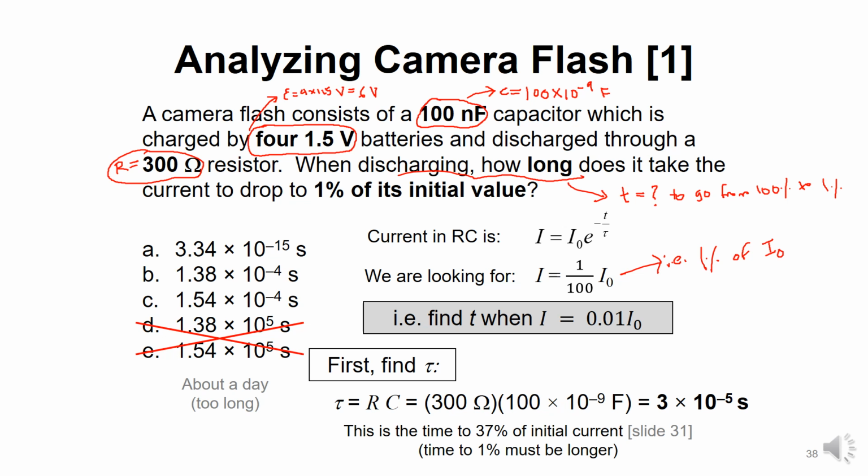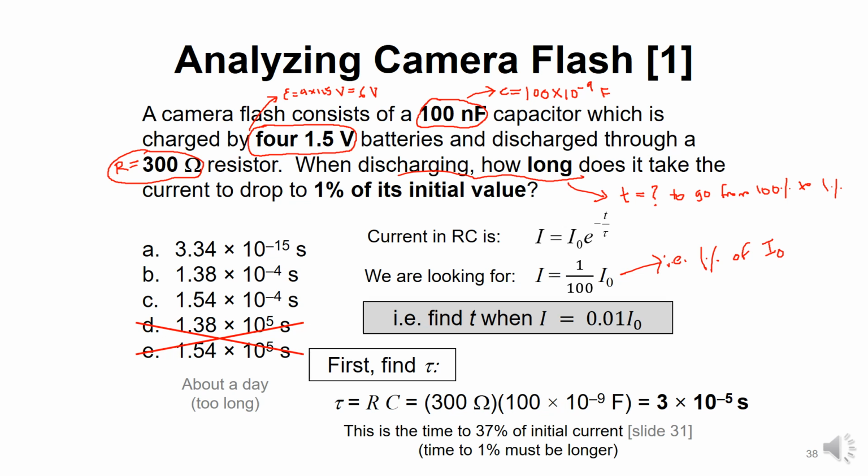Okay, and just a reminder, this time constant is the time it takes to go from 100% to 37% of the current. All right, so when we're looking at the current in an RC circuit, it's always decreasing, whether the capacitor is charging or discharging. And the time it takes to go from 100 to 37% is the same as the time constant.